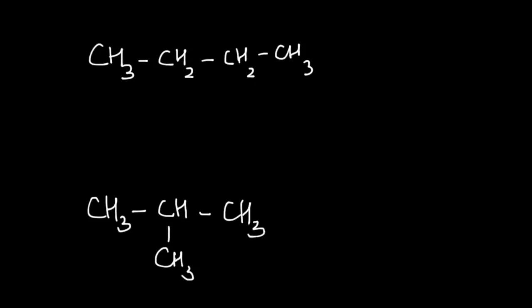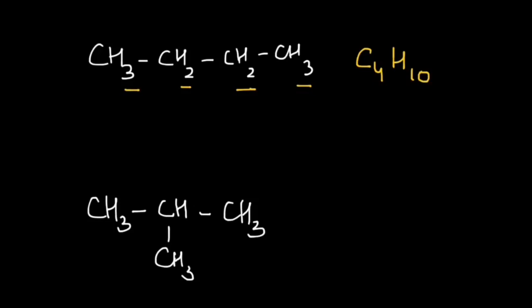Let's first verify that their molecular formula is the same. That is the first thing that you should check. If you count the carbon atoms in the first compound, you will get 4 carbon atoms and 10 hydrogen atoms. So the molecular formula for the first compound is C4H10.